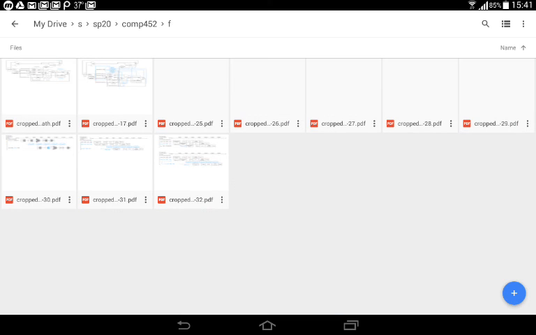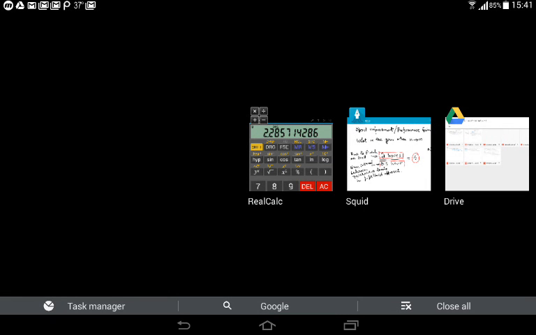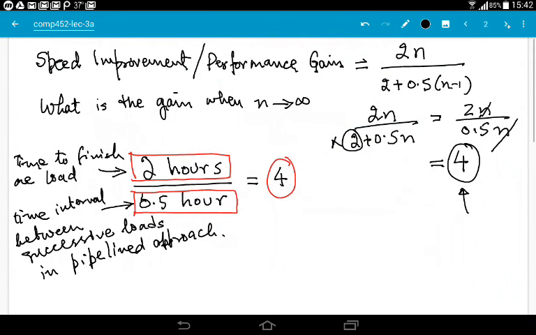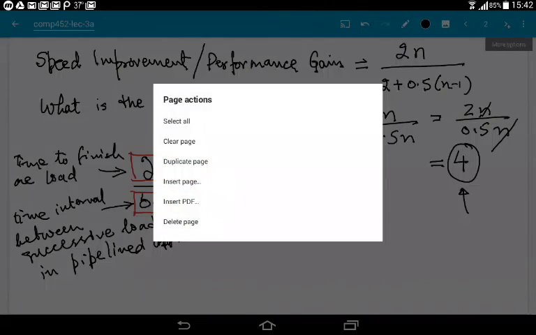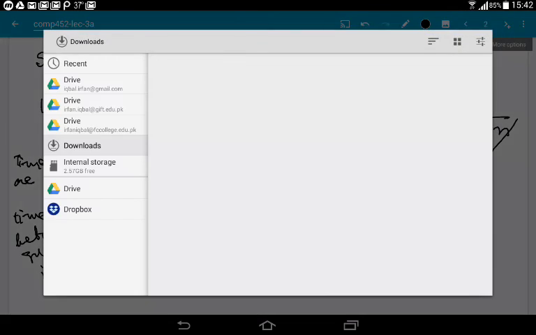Let's go back to our... let's see if we can insert a PDF here.